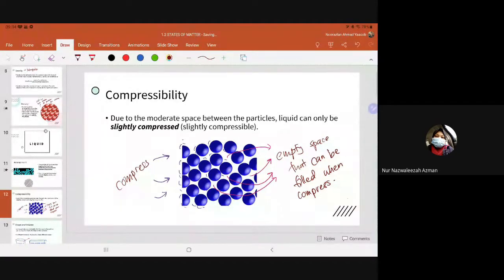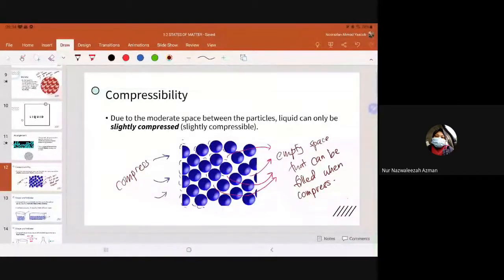Jadi kita boleh compress liquid sedikit. Tak banyak pun. Kalau contohnya kita ambil, let's say kita ambil minyak, kita cuba compress minyak tu. Dia punya isi padu daripada 1 liter atau daripada 100 ml contohnya, mungkin isi padu dia boleh berkurang jadi 99.7 ml. Macam tu. Sangat sedikit dia boleh dimampatkan.